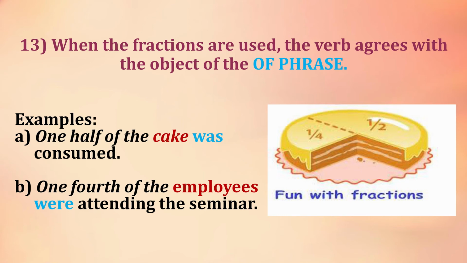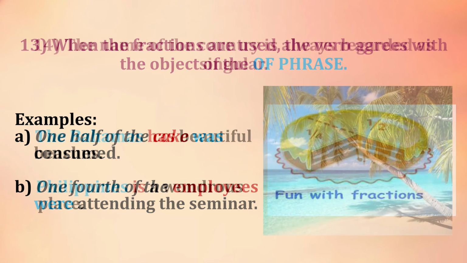So the cake is the subject here and it is singular. Then you will use a singular verb, that is was. And if the word following the fraction is plural, like in the second example, 1/4 of the employees. Employees means a plural word. So use a plural verb.